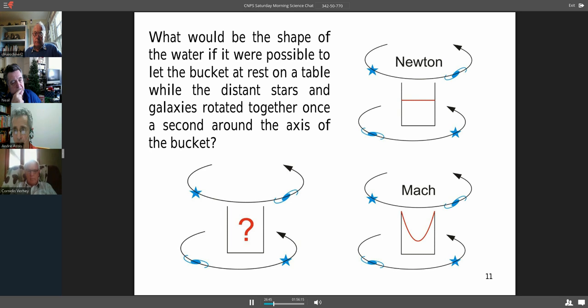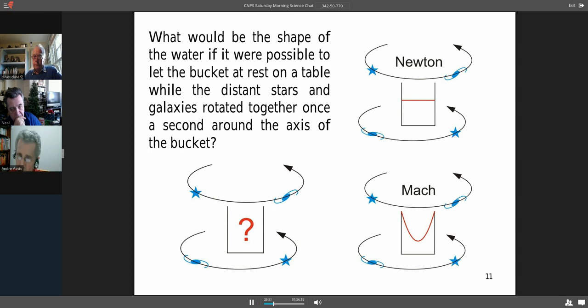Another person who originally agreed with Ernst Mach was Einstein. He created his general theory of relativity in order to implement Mach's idea. Mach did not perform the experiment, we cannot, and he did not show mathematically how the water would be concave, parabolic in this situation. And Einstein had an idea.